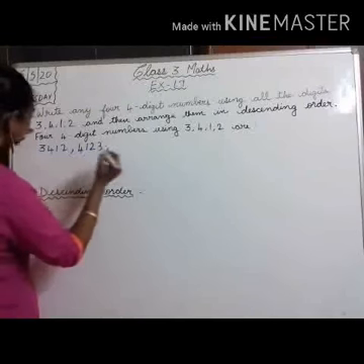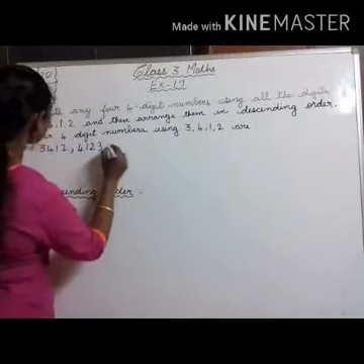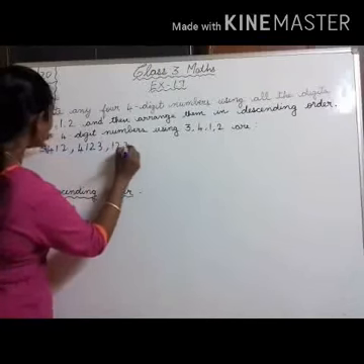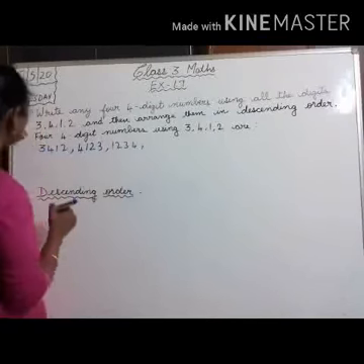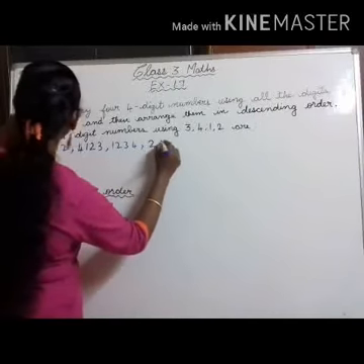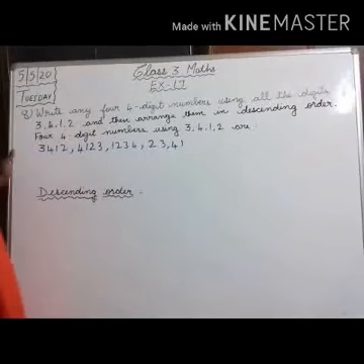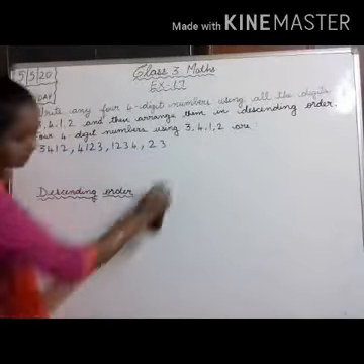Next, all the possible numbers we have to write. Next, 1, 2, 3, 4. Next, 2, 3, 4, 1.